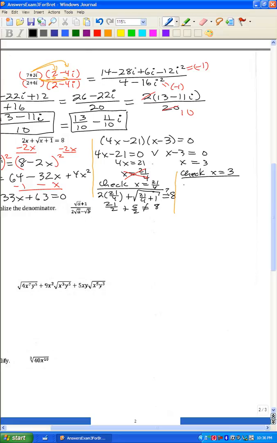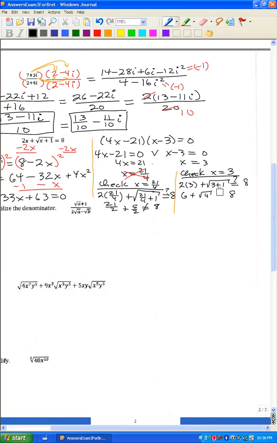And so is 2 times x plus the square root of x plus 1 equal to 8? Is 6 plus the square root of 4 equal to 8?